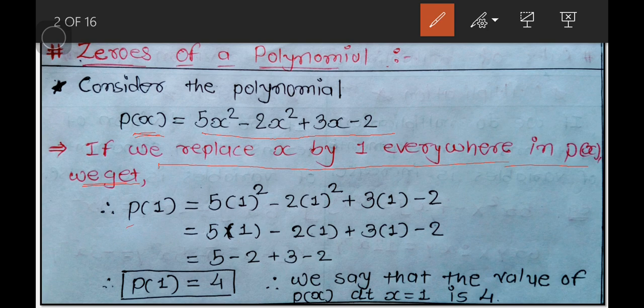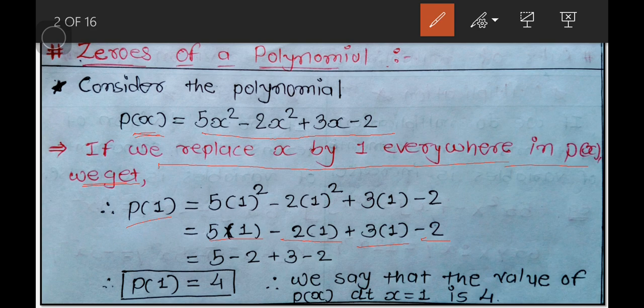So p of 1 is equal to 5 into 1 raised to 2 minus 2 into 1 raised to 2 plus 3 into 1 minus 2, which is equal to 5 into 1 minus 2 into 1 plus 3 into 1 minus 2, which is equal to 5 minus 2 plus 3 minus 2.